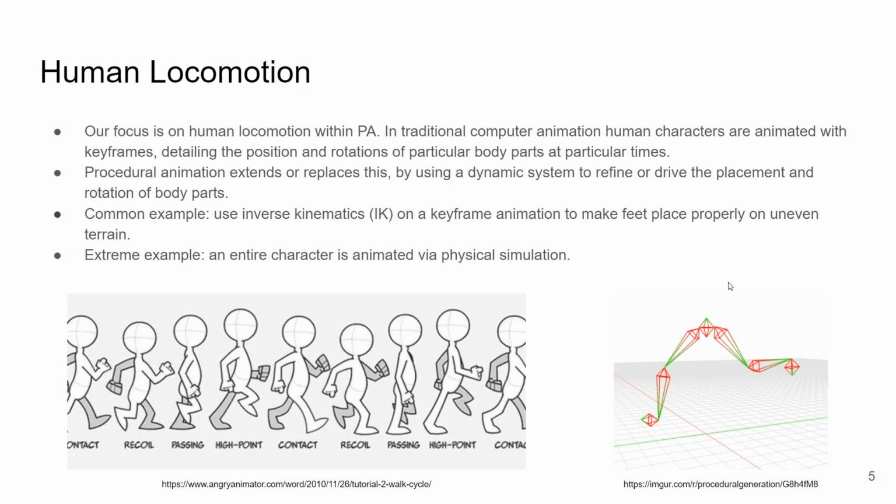Procedural animation extends or replaces this by using a dynamic system to refine or drive the placement and rotations of body parts. A common example is to use inverse kinematics on keyframed animations to make feet place properly on uneven terrain. A more extreme example is where an entire character is animated via physical simulation.